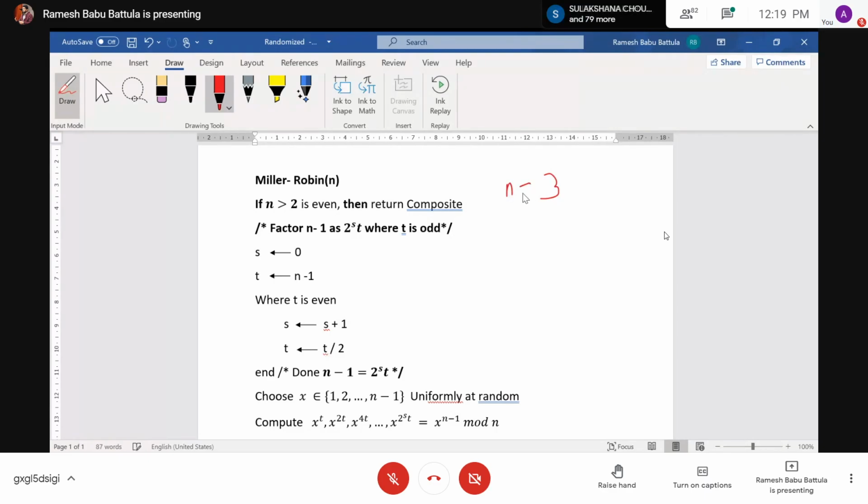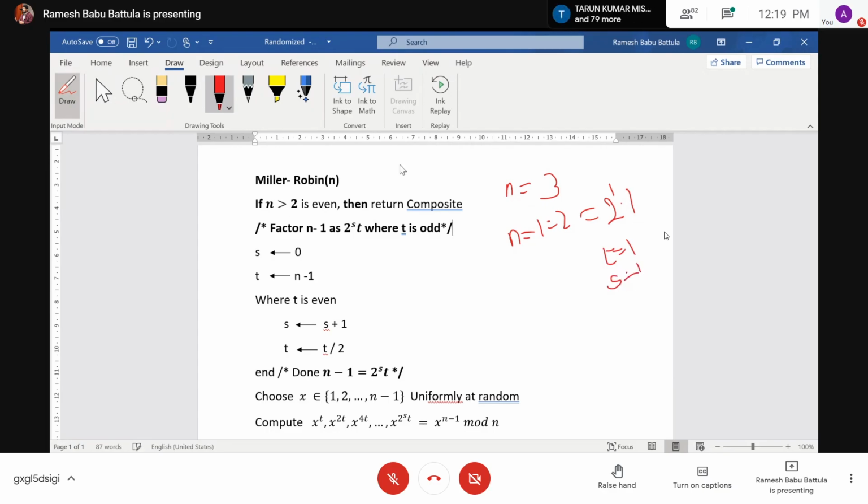My n minus 1 is equal to 2, which I can write in the form of 2 to the power 1 into 1. And here my t is equal to 1 and my s is also equal to 1.